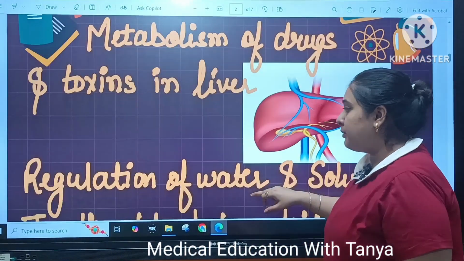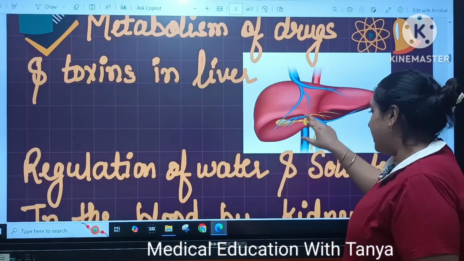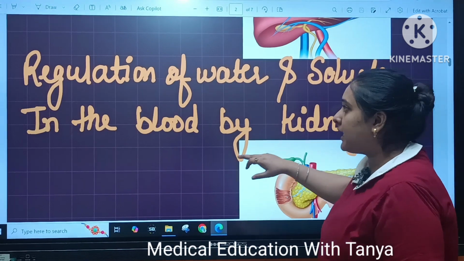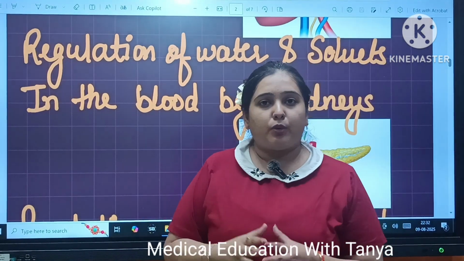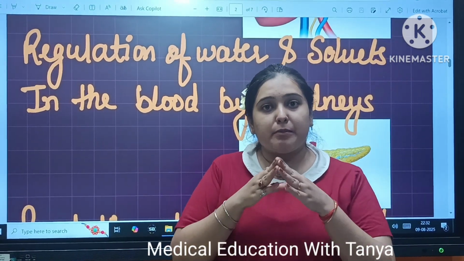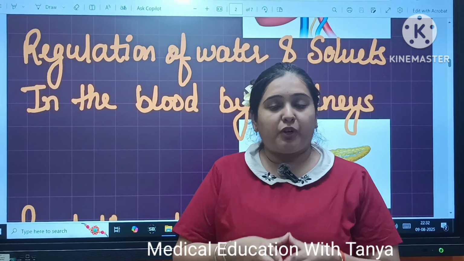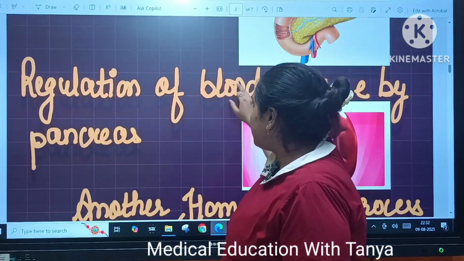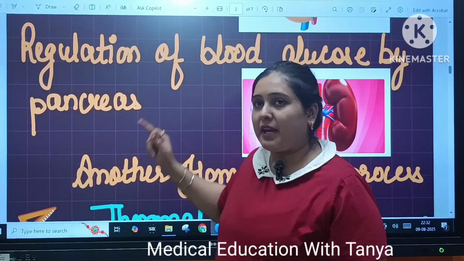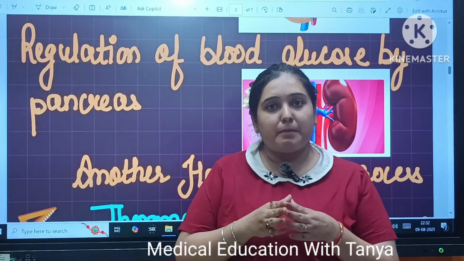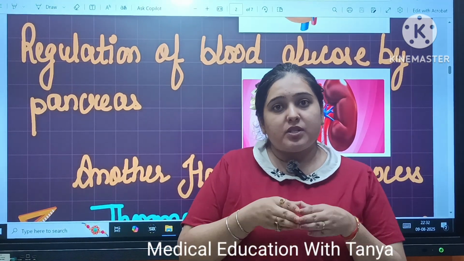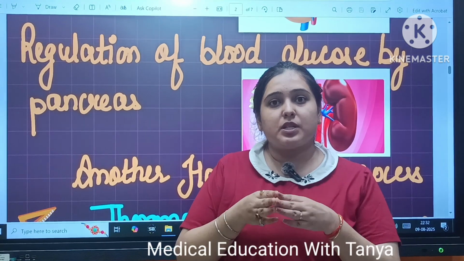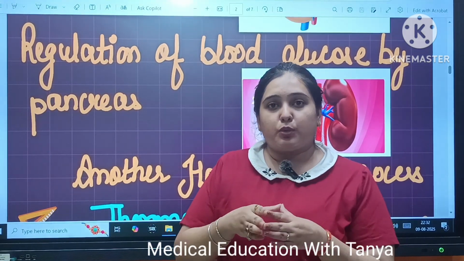The second example is the regulation of water and solids in the blood by the kidneys. You know that our kidney is the main filtration unit which purifies the blood. The third example is the regulation of blood glucose through the pancreas. You know that the pancreas is the main hub which stimulates insulin to take up the glucose.